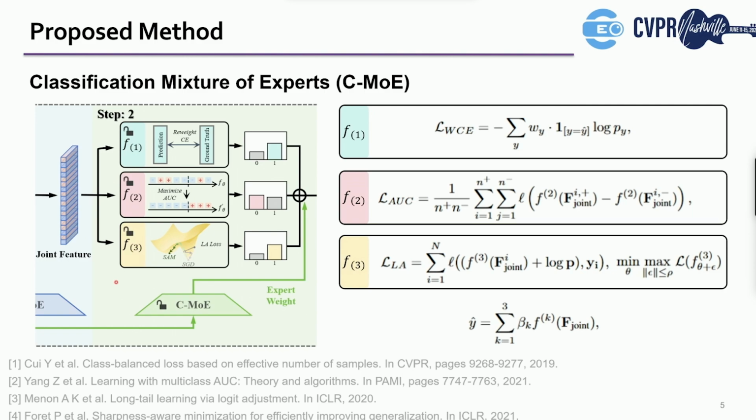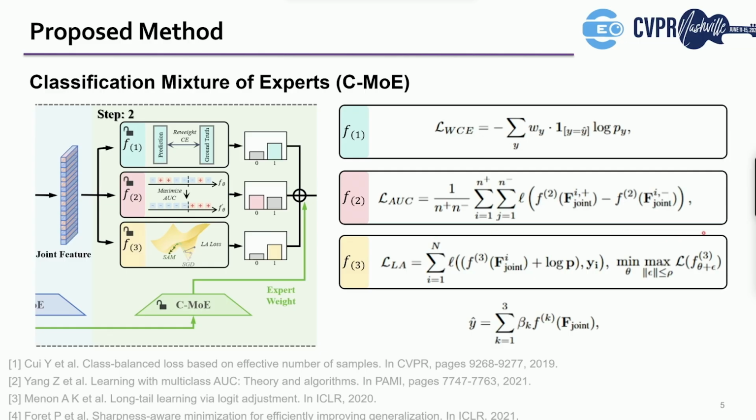To solve this, we built 3 different classifiers, F1, F2, and F3. Each one is trained with a different strategy. F1 uses a weighted CE. This helps balance the classes directly. F2 is trained with AUC loss, which is a distribution insensitive loss.